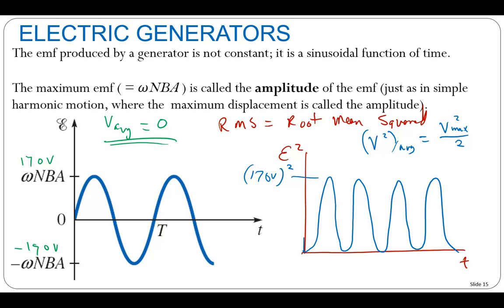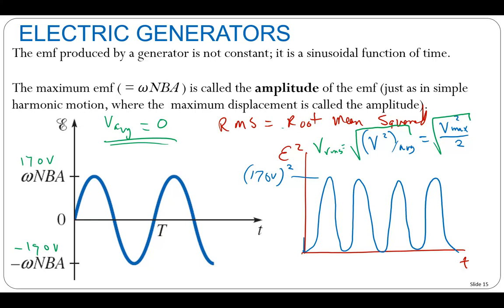What's the last step to find the RMS value? I have to take the root, in this case, the square root. So VRMS is equal to the square root of Vmax squared over 2.